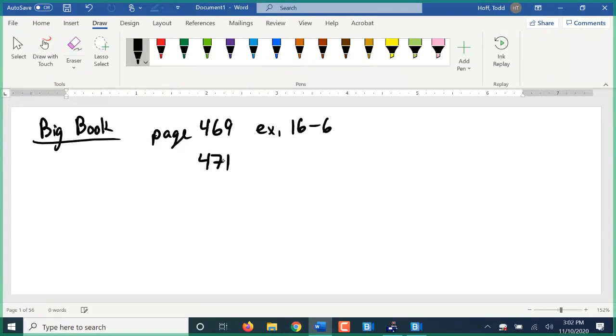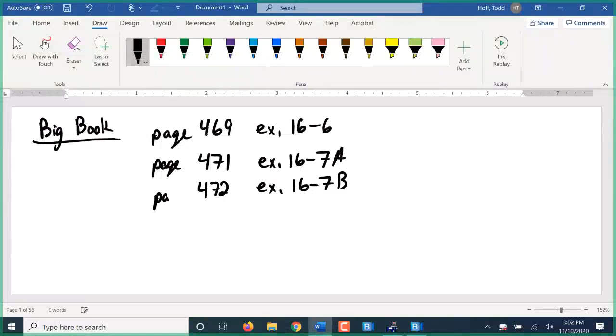Page 471, exercise 16-7A, and page 472, exercise 16-7B. Looking at more graphing lines using slope and y-intercept.